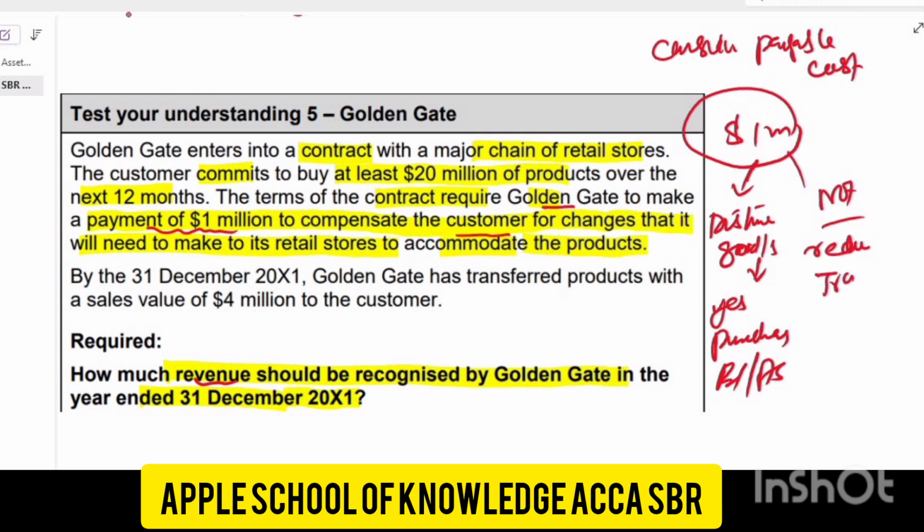Now by 31st December 2001, it has transferred product with sales revenue of $4 million to the customer. Clear? Golden Gate entered into a contract with a major retail chain for a minimum purchase of $20 million. Let me explain here.